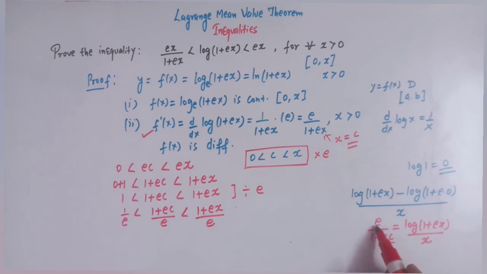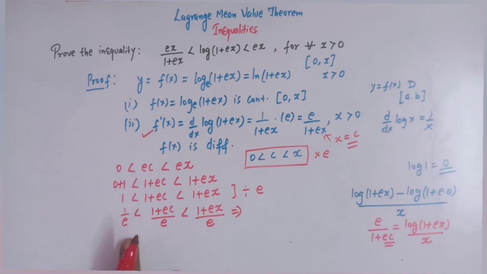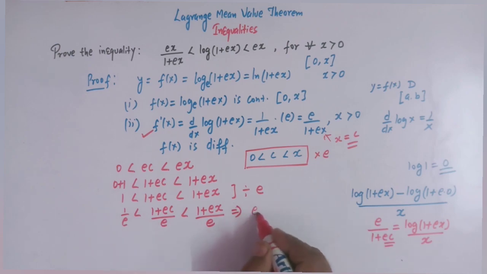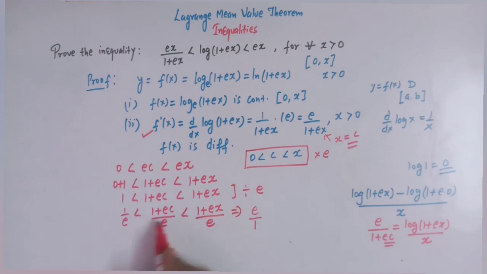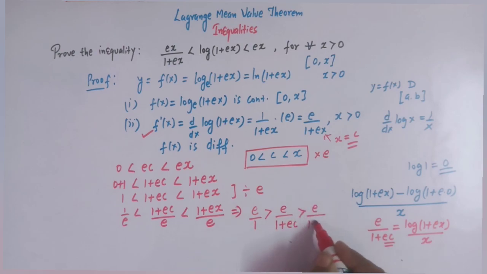And see, here we have e over 1 plus ec, so what we will do, we'll take the reciprocal of all these numbers, right? So the moment we will take the reciprocal of all these three numbers, so what we will get, see, we'll get e over 1, then the direction of the inequalities get reversed. So here we have e over 1 plus ec, and here we have e over 1 plus ex, right?